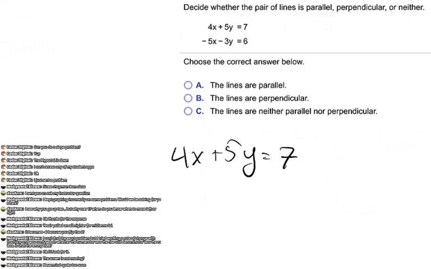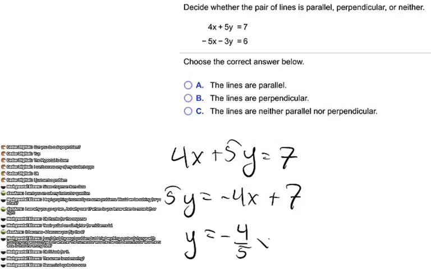So I'll subtract the 4x, so we get 5y equals -4x plus 7, divide by 5, and then y equals -4/5 x plus 7/5. All right? So that means the slope of our first line, slope 1, is -4/5. Okay?